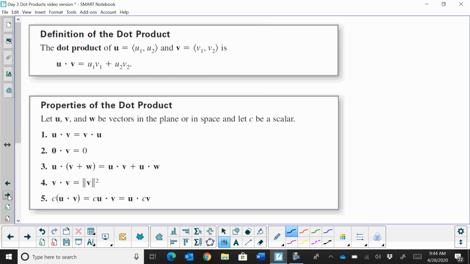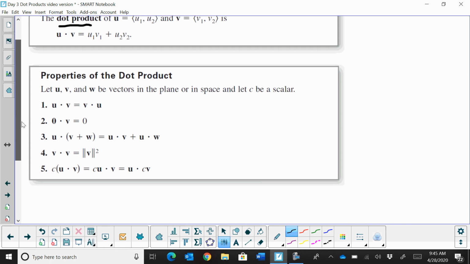Okay, so let's look at some of the properties of dot products. We defined on the first screen what a dot product is and how to calculate it: you've got your two vectors, and you multiply the first components and add the product of the second components.